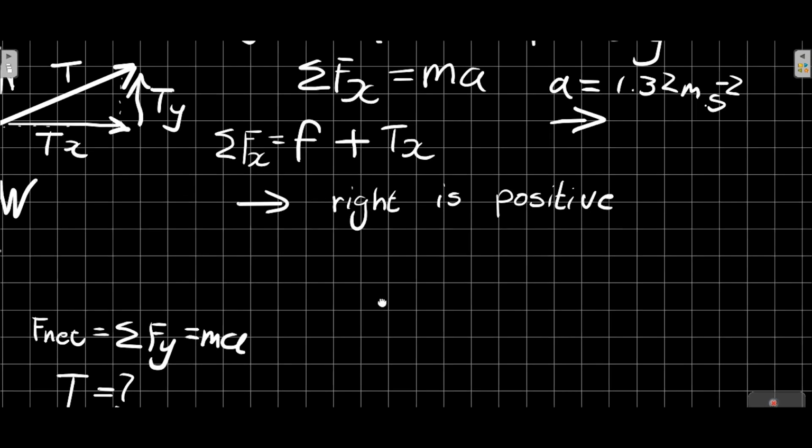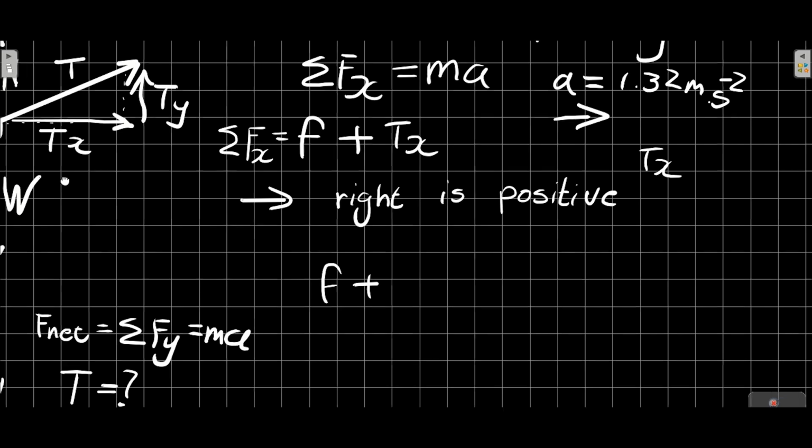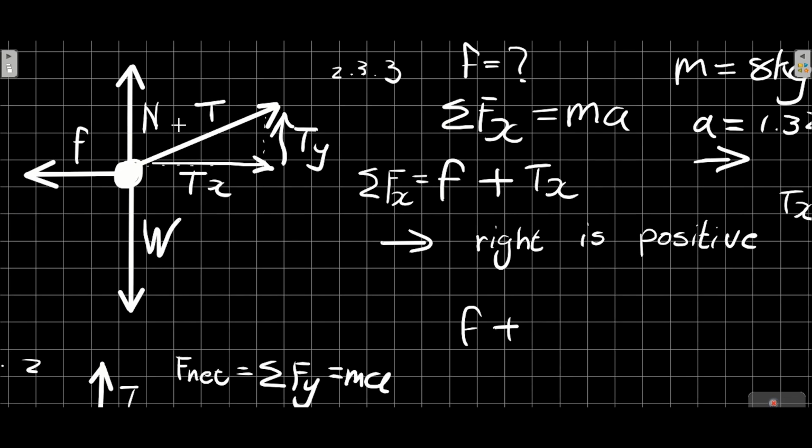So if I take right as positive, that means our F and our T component of X. Now our T component of X, see, this is our angle of inclination. Our T component of X is adjacent to the angle. It's not opposite, it's adjacent.